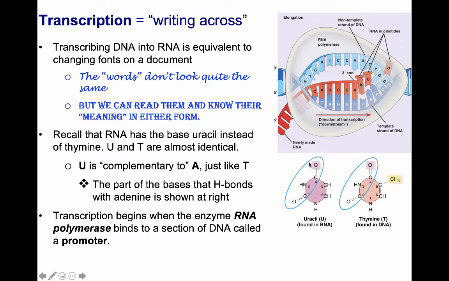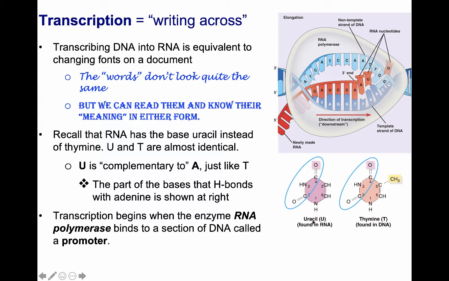So recall from the previous video that we noted a small but important difference between RNA and DNA. RNA nucleotides do not have the base thymine, the T. Instead, they have a very similar base called uracil, and the part of the base that interacts with other bases to form a complementary base pair, to hydrogen bond, in other words, is circled on these diagrams.